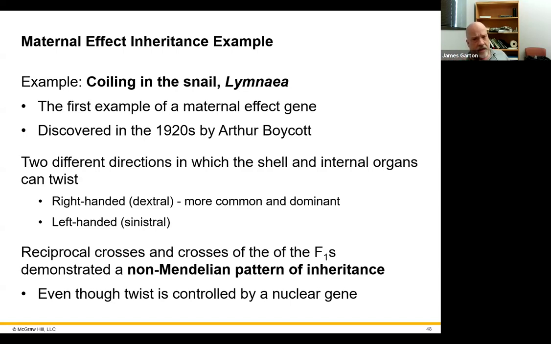If you're a snail, the way your shell coils determines the alignment of your internal organs because they have to follow the way that shell is twisted. And so crosses of those F1s demonstrated a pattern of inheritance that was not explained by Mendelian genetics.